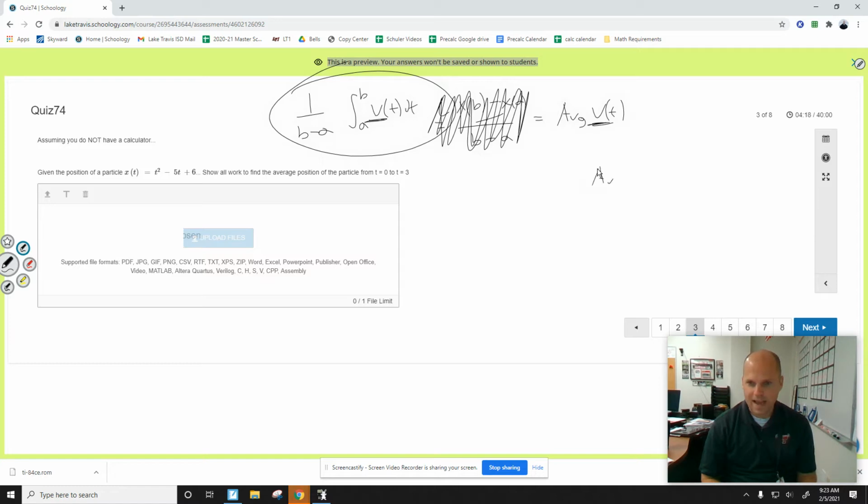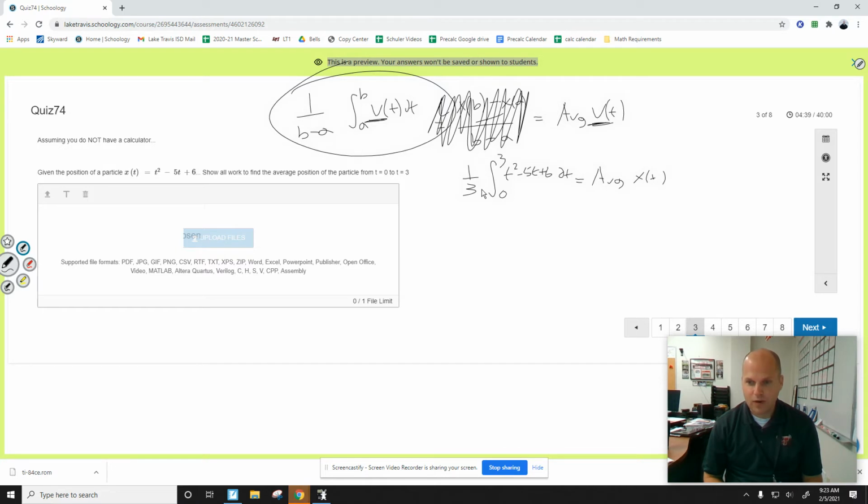So if I want to find the average x, I'm not going to plug values into x. I'm going to find the area under x and then multiply that by 1/3, that 1 over b minus a. This is the average x.